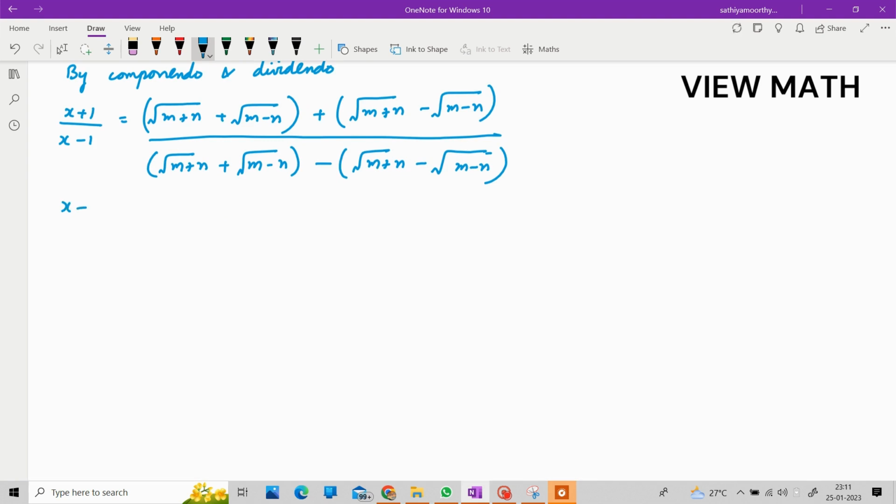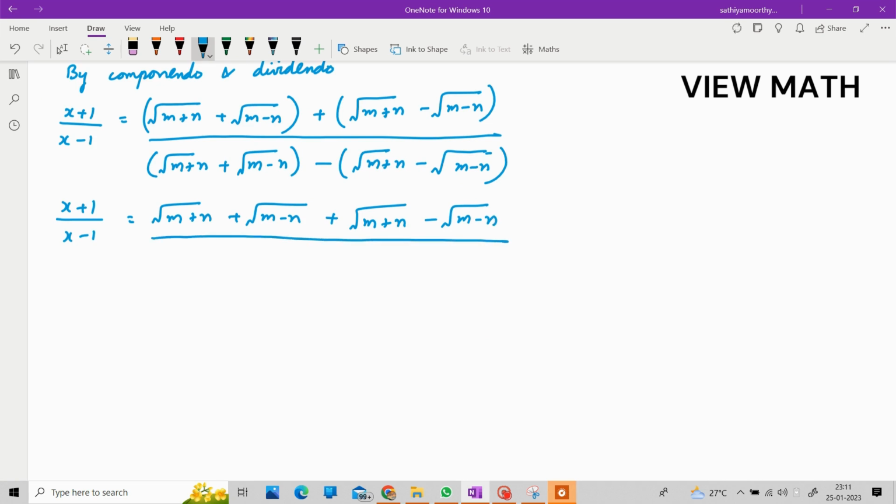x + 1 as it is, x - 1 as it is. This is equal to square root of (m + n) plus square root of (m - n) plus, since it is a plus outside the bracket, I can remove the bracket, square root of (m + n) minus square root of (m - n), divided by square root of (m + n) plus square root of (m - n), and now minus into plus is minus square root of (m + n), minus into minus is plus square root of (m - n).